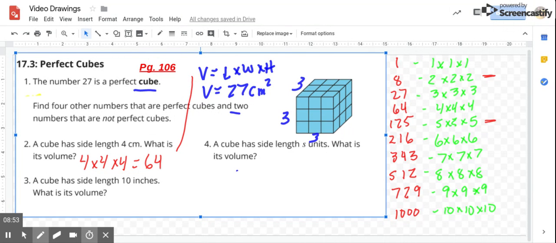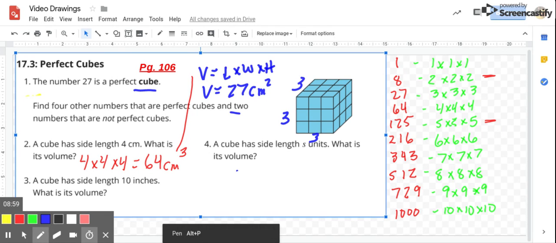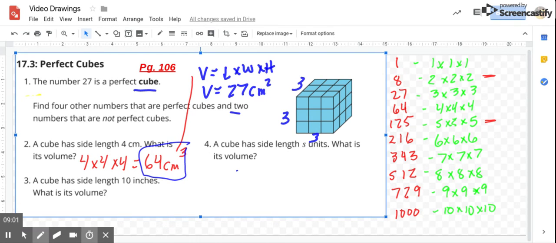And then since we're doing volume, it's going to be cubic centimeters. Number 3, a cube has a side length of 10. What is its volume? Once again, I would do 10 times 10 times 10 for a total of 1,000. This is going to be cubic inches, because once again, we're talking about volume.